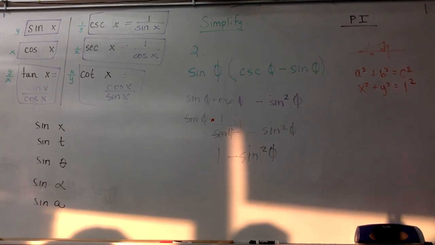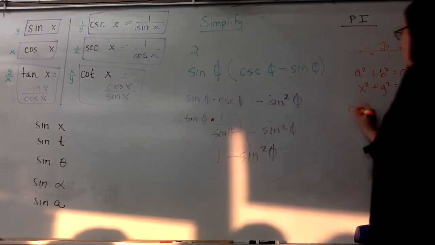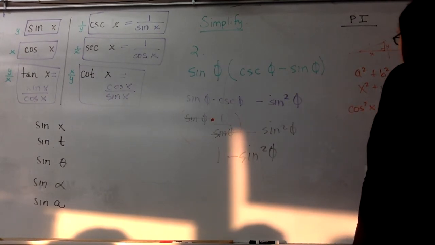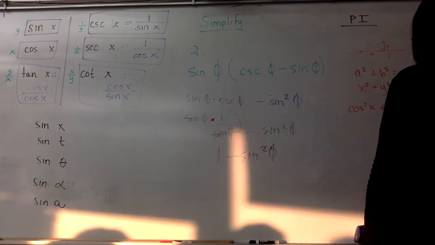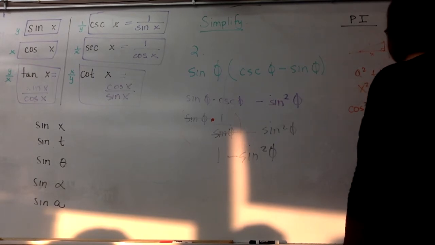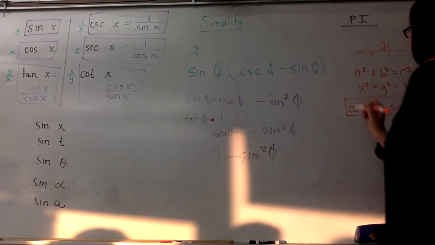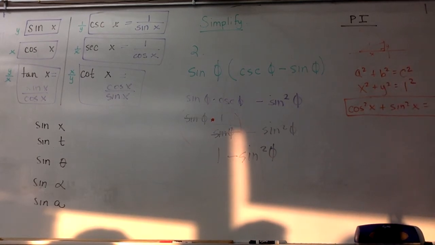Right, if we take a right triangle, place it in the coordinate plane, we assume it's a right triangle that's one of the unit circle values. Now, according to our definitions, what's x and y? What's x? Cosine. So this is going to be cosine squared x plus sine squared x is equal to 1. This first is known as a Pythagorean identity.